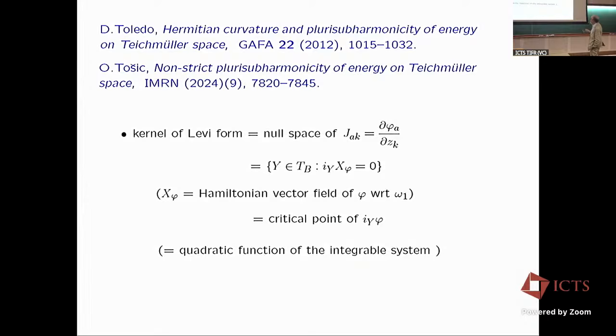If we take a tangent vector to Teichmüller space, so that's an element of H1 of the curve with values in K dual, and evaluate that on the trace of phi squared, then we get a function on the integrable system. So what this is saying is that we're looking at a point where that function has a critical point in the fiber.